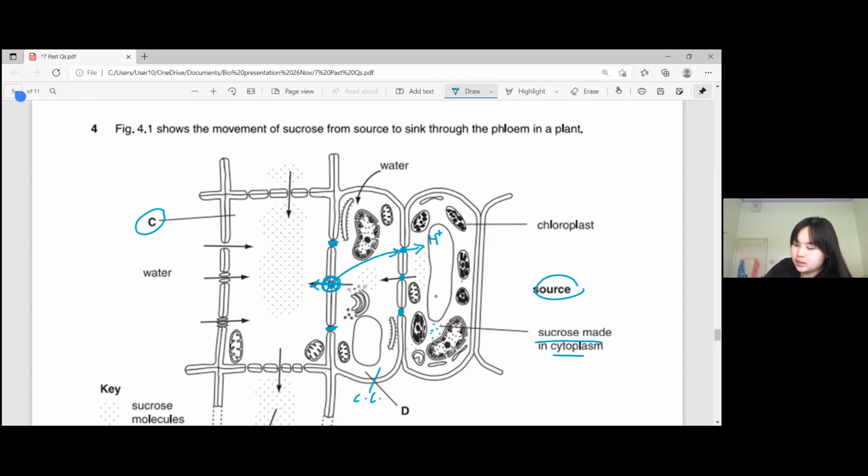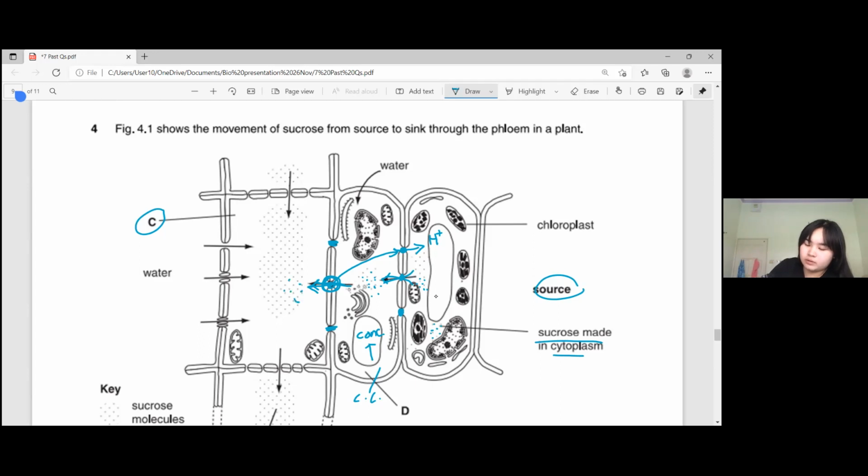Beside this, there's also the proton-sucrose co-transporter, which will help the sucrose to enter the companion cells by facilitated diffusion. After the sucrose enters the companion cells, the concentration of sucrose here has increased. When the concentration increases, the sucrose will diffuse into the sieve tube elements down the concentration gradient.